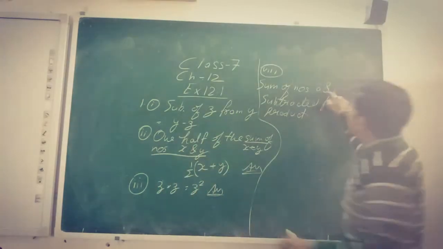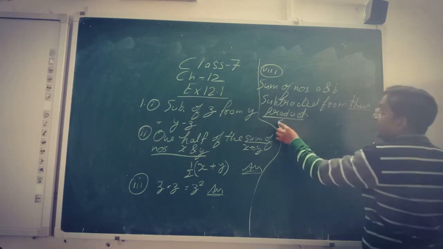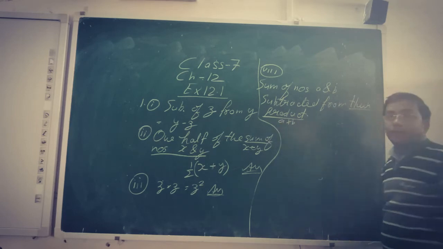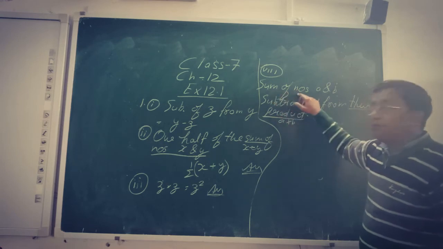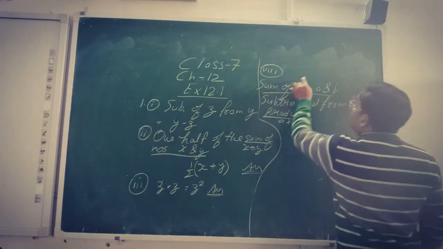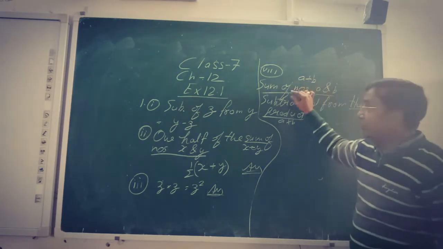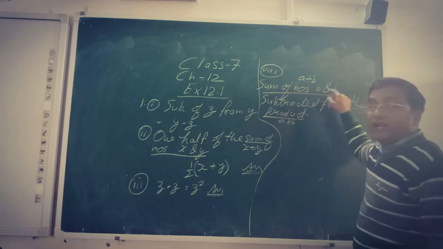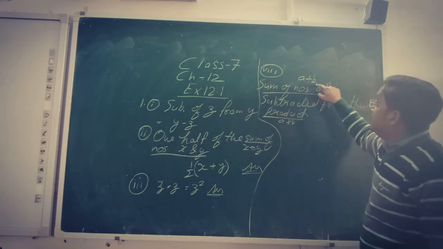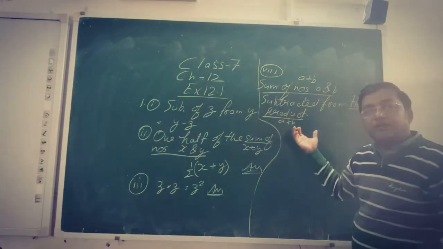Something is a and b. So their product means a multiplied by b. Alright. Subtract means minus. Now sum of numbers means a plus b. Now instead of these underlined parts, you read these things. So instead of sum of numbers a and b, you read a plus b subtracted from a multiplied by b. So the thing will be very clear.